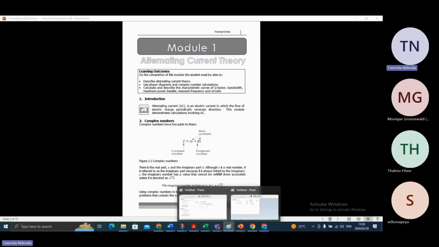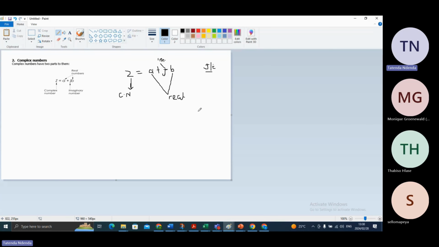Okay. So for example, guys, we can have something like negative 25. Then here we are saying this is a root like this, right?